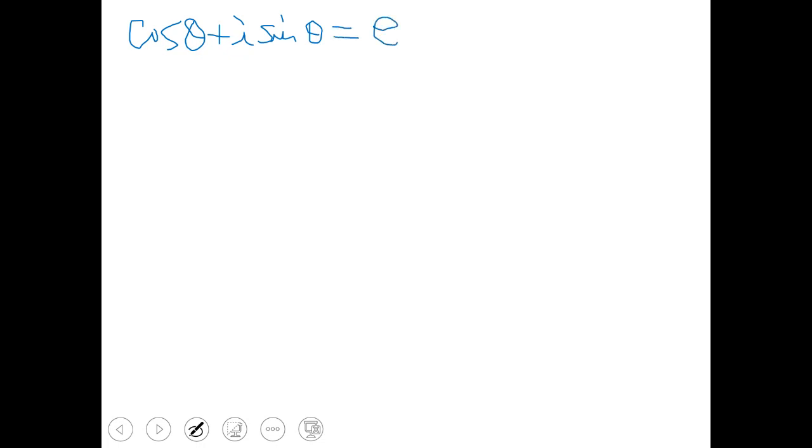Sometimes I write j instead of i, and i equals j equals the square root of -1. I suppose you have learned the Taylor series, or Maclaurin series.